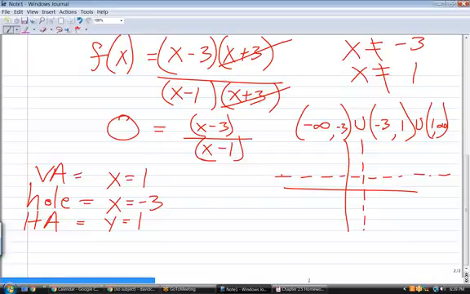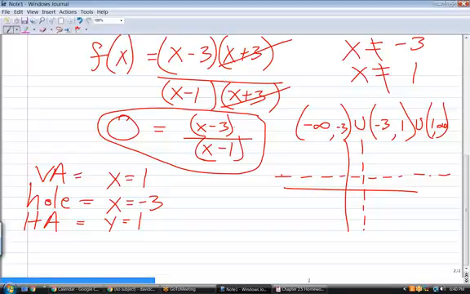Where is that equal to 0? In other words, how do you solve that right there? It would have to be a 3 and a 1, and it would be 3. Just x equals 3. I don't care about the denominator. The only way this rational quotient is equal to 0 is if its numerator is equal to 0.